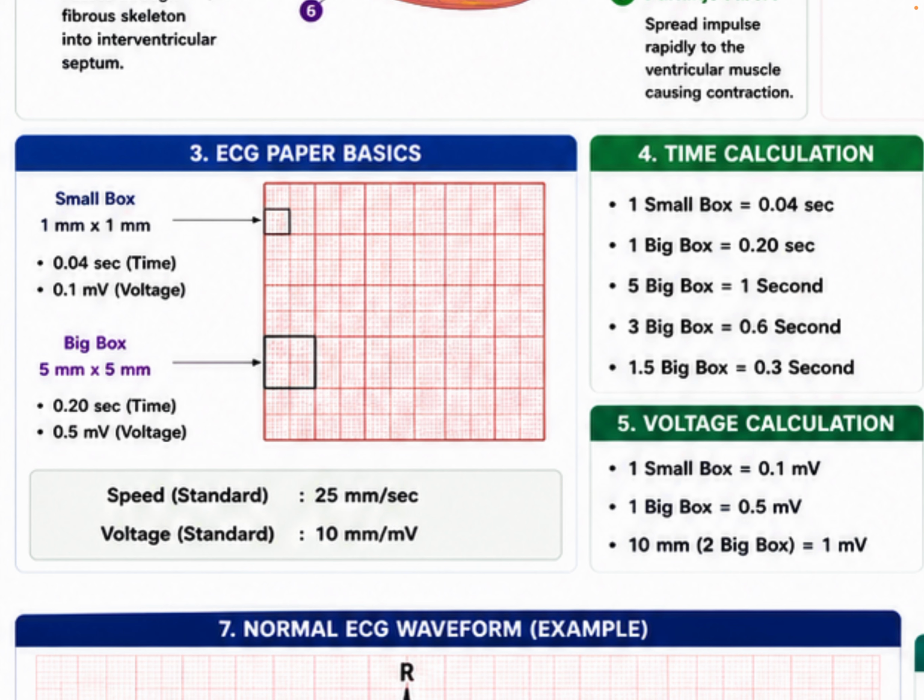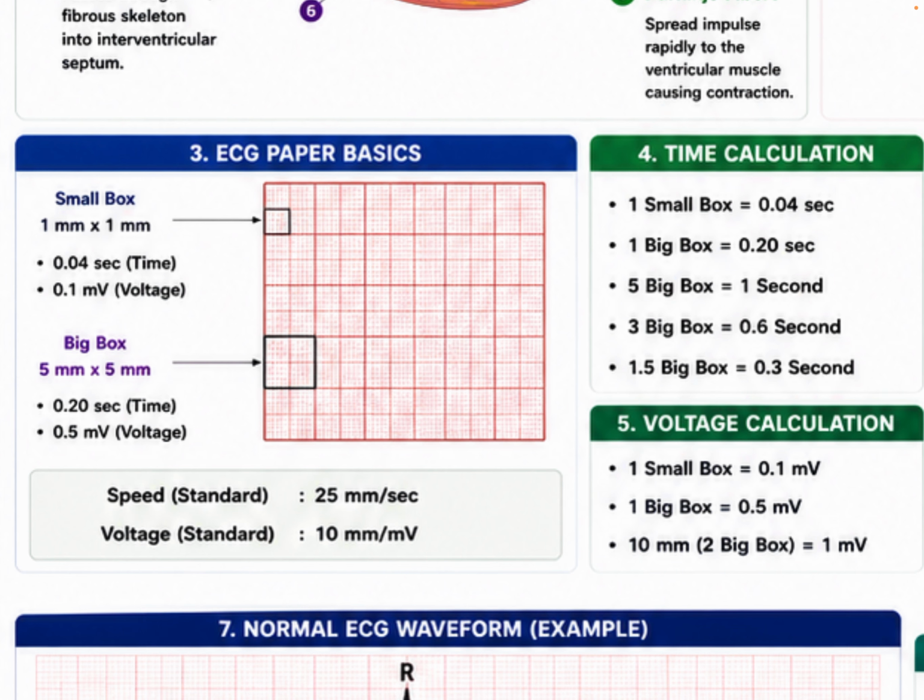In the standard ECG settings, the speed is 25 mm per second, calibration is 10 mm equal to 1 millivolt, that is, 1 small square equals 0.1 millivolt, 1 big square equals 0.5 millivolt, and 2 big squares equal 1 millivolt.